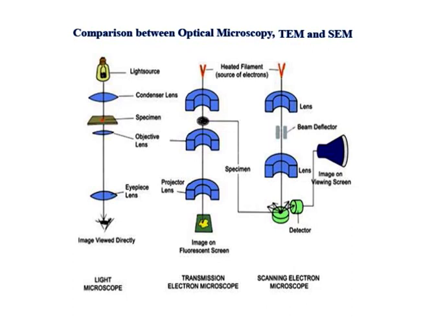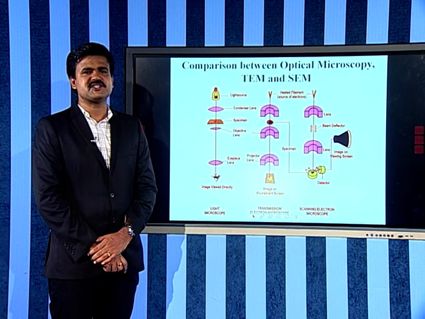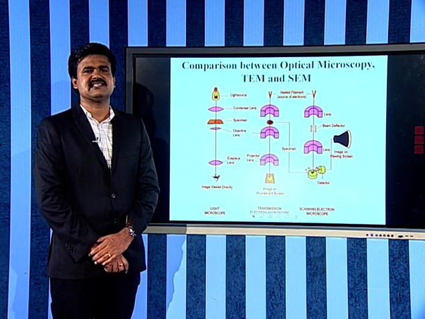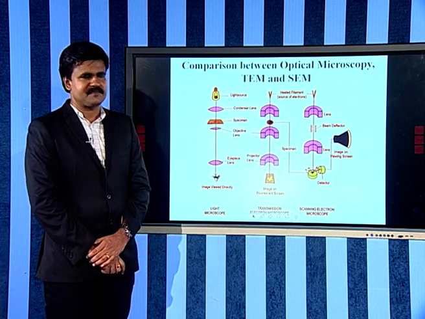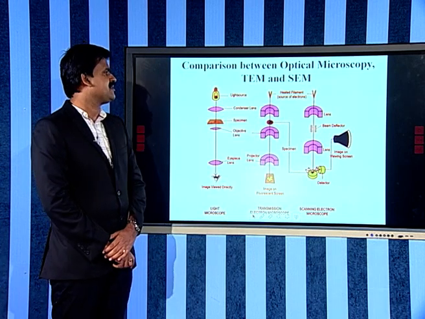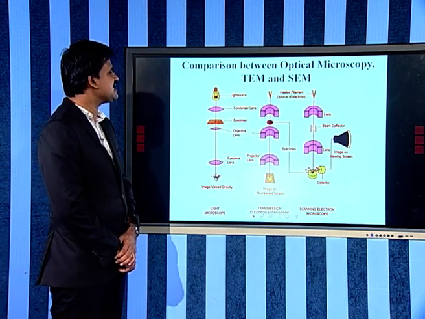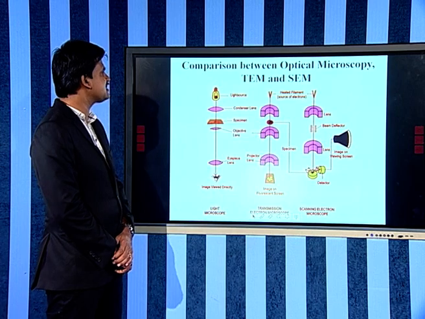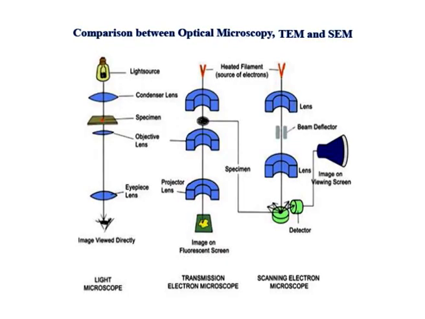Now we can have a comparison between three important characterization methods, namely optical microscopy, transmission electron microscopy, and scanning electron microscopy. The picture represents a comparison of experimental setup for these three techniques. Left hand side represents optical microscopy experimental setup.